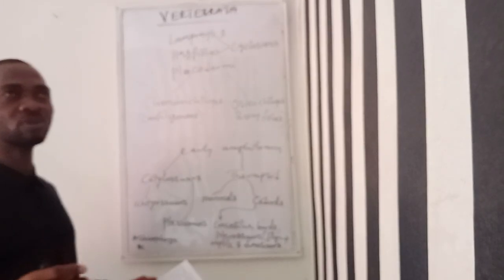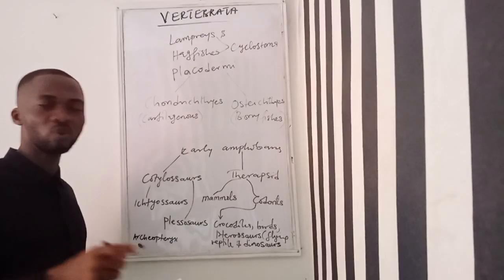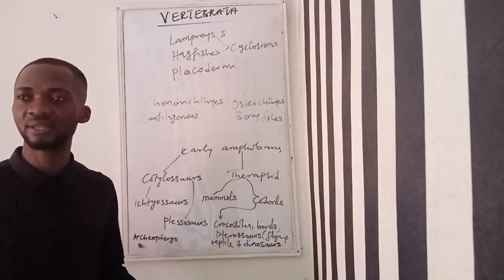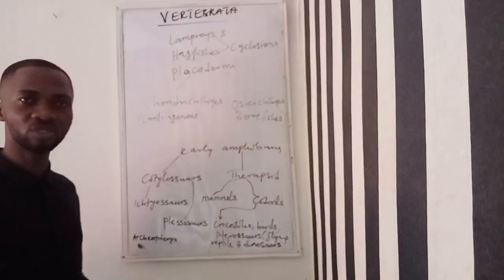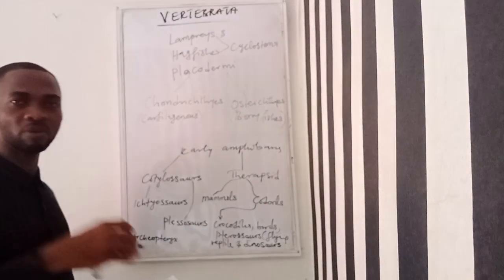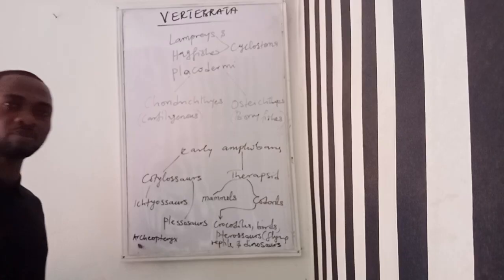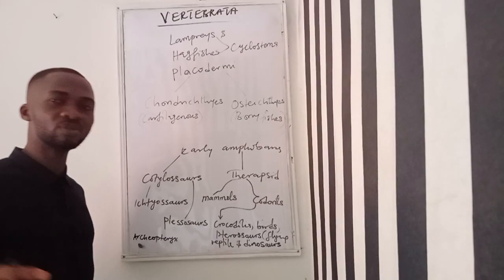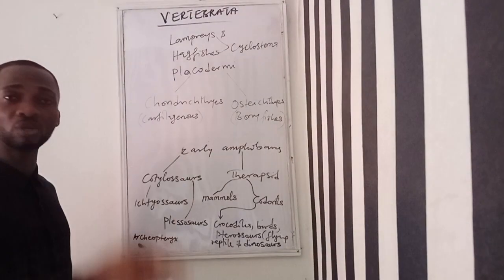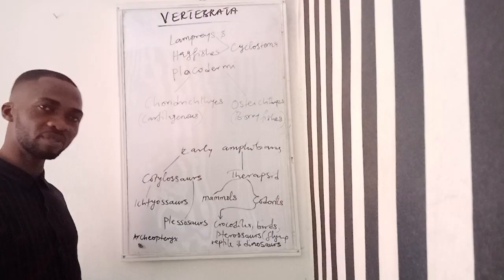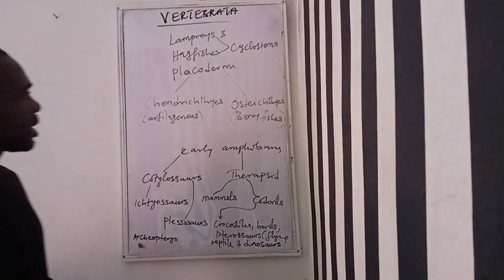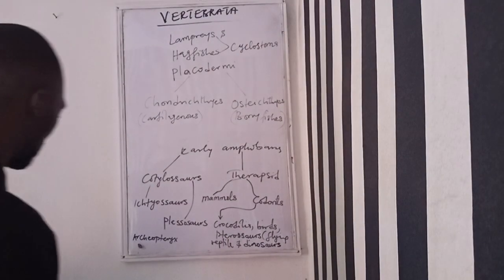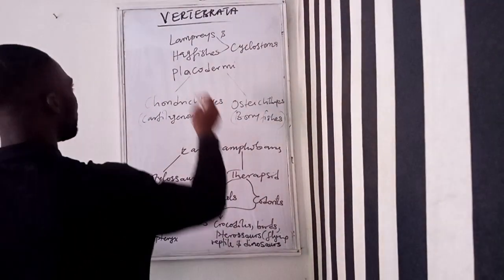So the Devonian period was a remarkable era where several groups of fishes thrived before some of them went into extinction, and some of them gave rise to living representatives before even going extinct. So the Devonian period is now known as the era of fishes, or the age of fishes.